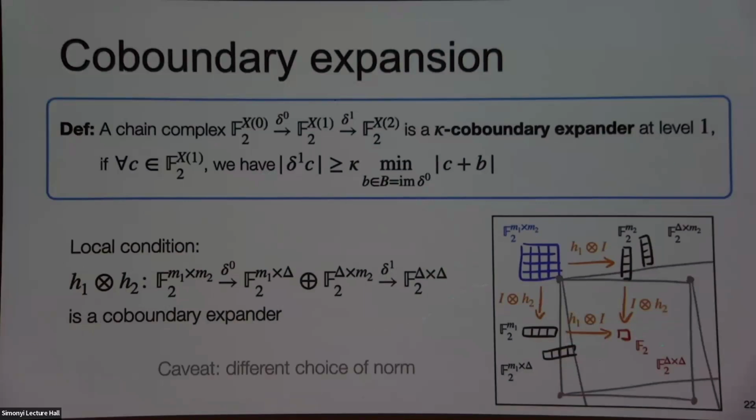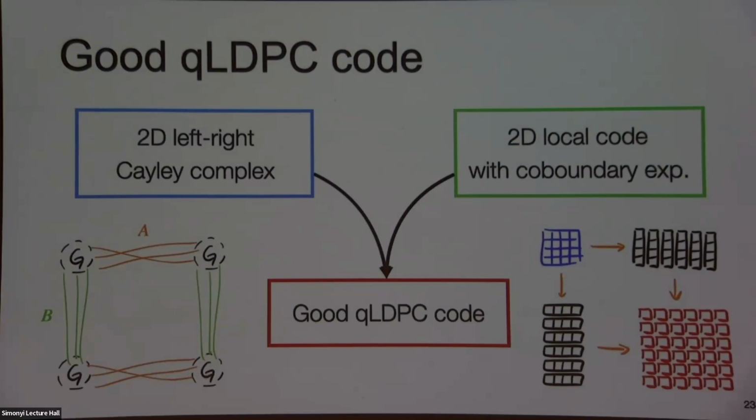I'm slightly ignoring some details, but I won't go into that. The point is that this local condition is also very natural, and it can be viewed as a generalization of the notion of distance. So just to summarize, we can combine the complex and these local codes to obtain these good qLDPC codes.